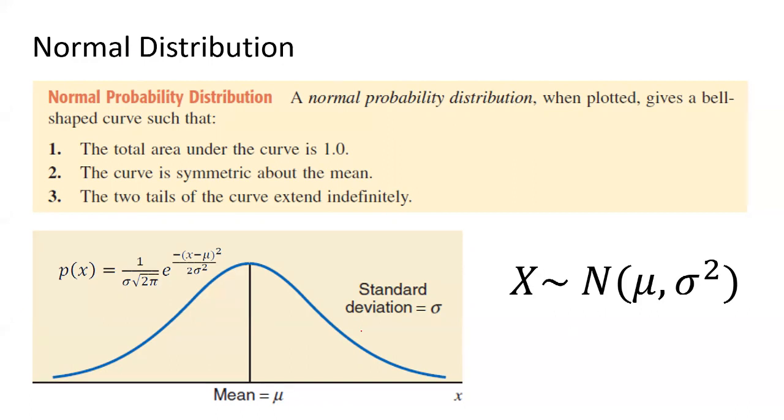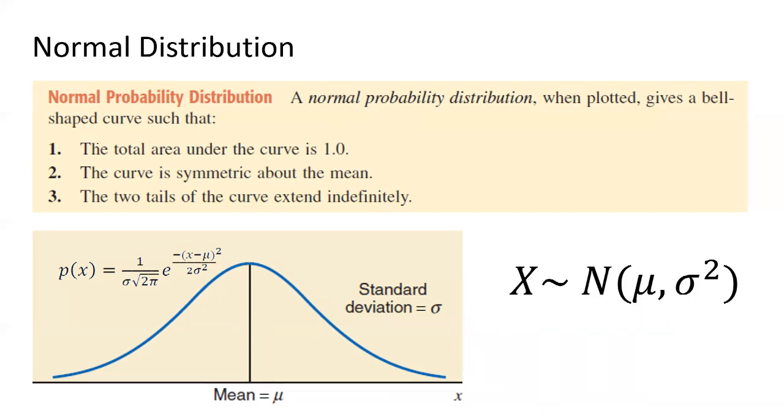It's a bell-shaped and symmetric curve. This is the probability density function of normal distribution. And the symmetric axis is always its mean, which is mu.